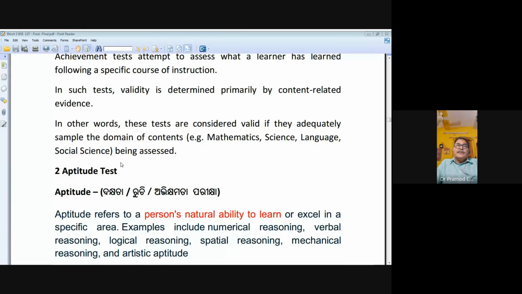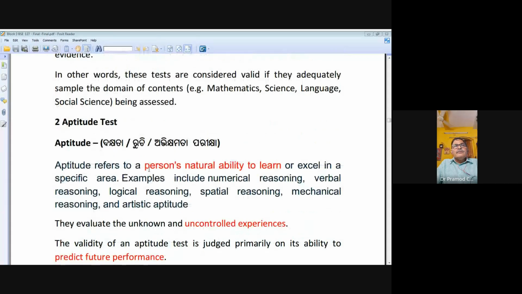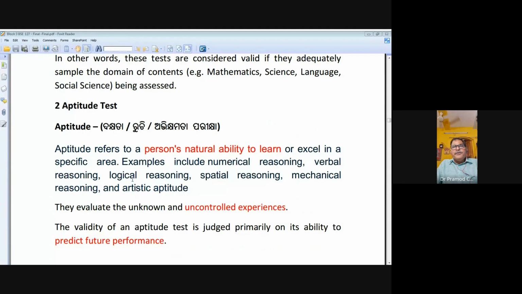But another is aptitude test. You know what is aptitude? Aptitude refers to personal natural ability to learn. Suppose you are interested in dance. Suppose you are interested in games and sports.